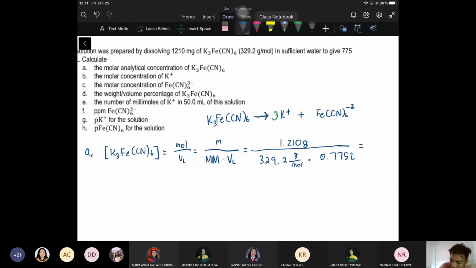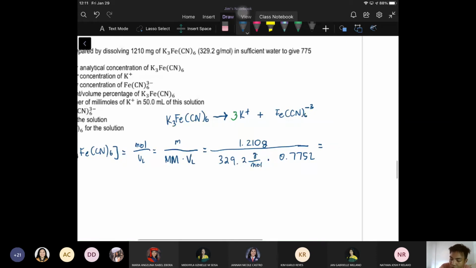So the molar concentration is, in 2 decimal places na lang, 4.74 times 10 raised to negative 3 mole per liter. Easy lang. So ganun lang, easy lang siya. Molar concentration lang yan eh.